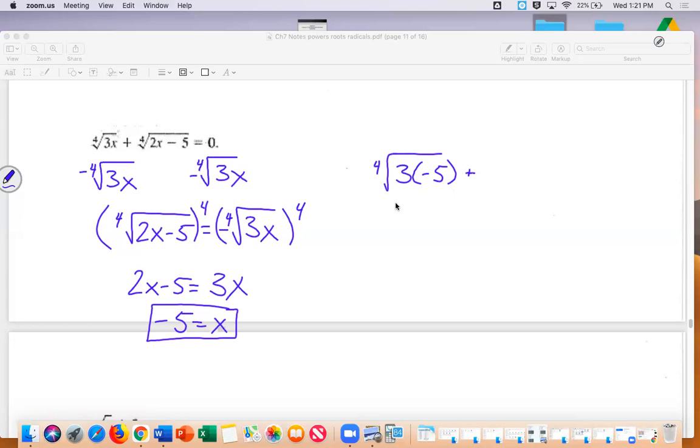Can I take the fourth root of a negative number? No. I can't take an even radical of a negative number at this point. So if I were to plug in the fourth root of -15, it's going to say error non-real. So this is not a solution. And my answer is actually no solution.